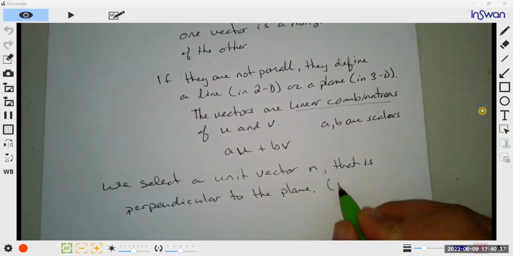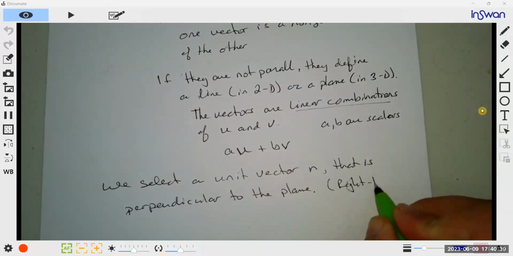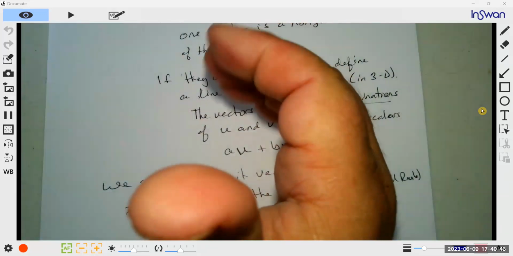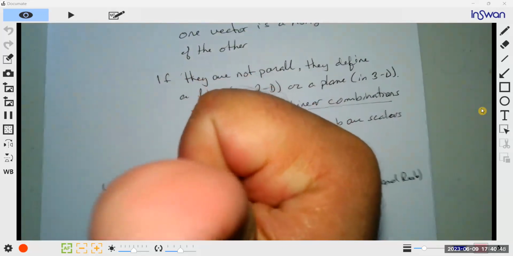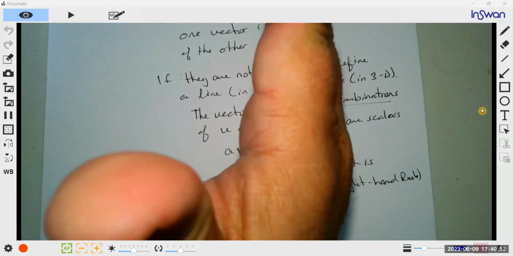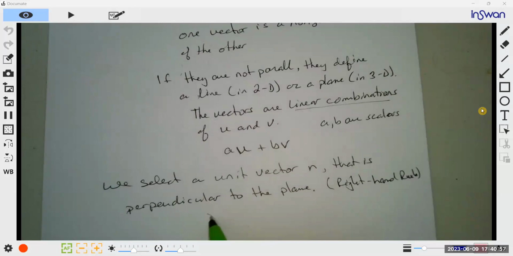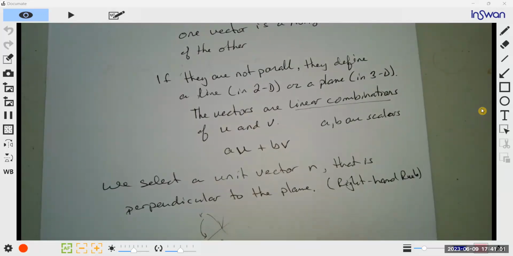How to do that? Remember, by the right-hand rule. If you go that way and curl your fingers, the thumb is the z-axis and the fingers curl from the x to the y-axis. So it goes from the x-axis to the y-axis, and the z-axis is up and down.